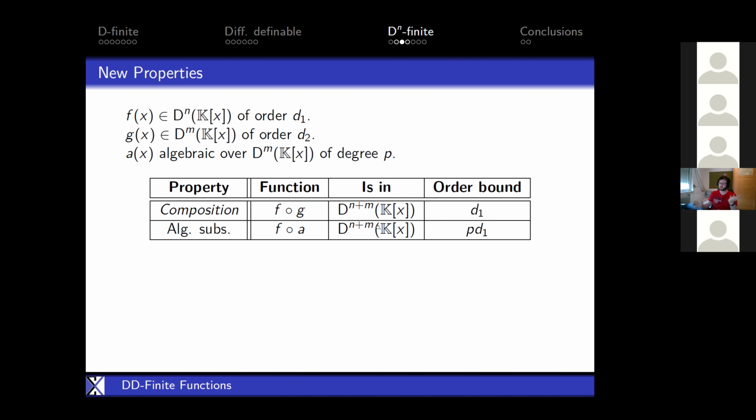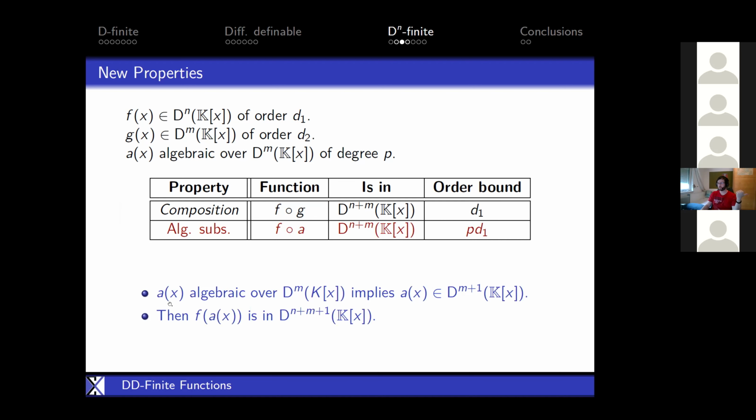One would say, yeah, but maybe this last row is not so important because if A was algebraic over DM, using closure properties, we had already that A was in DM plus 1, and then using the first row of this, we have that the composition is in DN plus M plus 1, and maybe that's enough. You don't need to think more, but it's interesting to try to reduce this number because all algorithms will be recursive on this value.